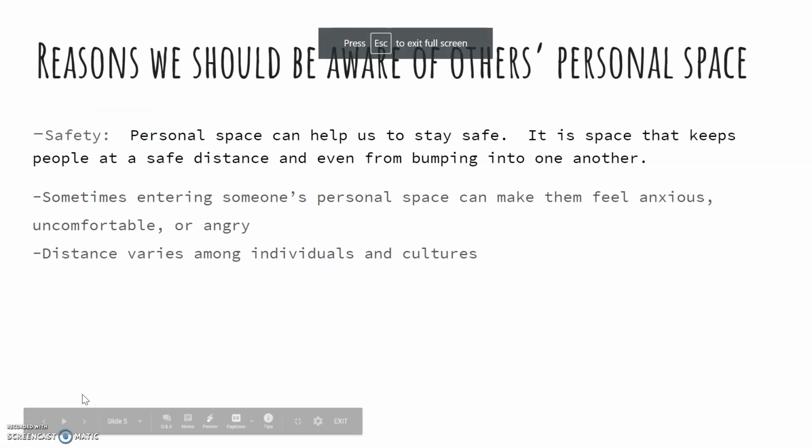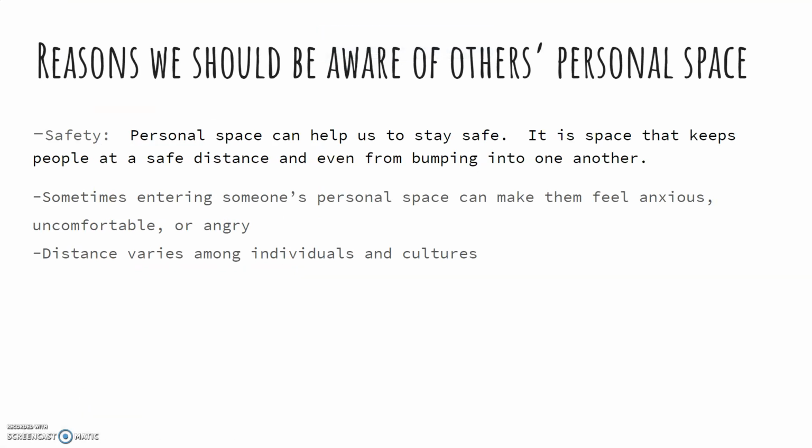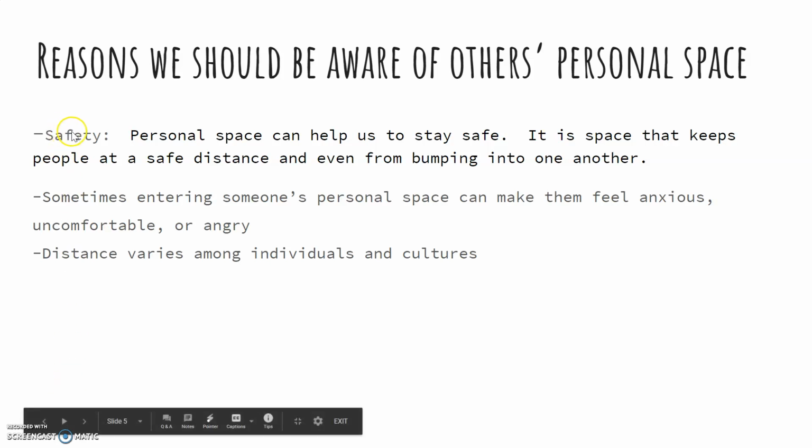So back to our personal space behavior. I would also use that as part of a social skills lesson, and I would also discuss why we should be aware of others' personal space, and you can also display that as part of your presentation with the kids.